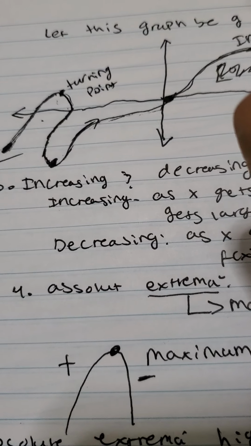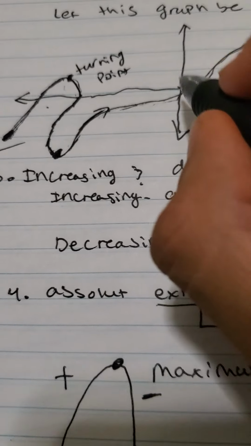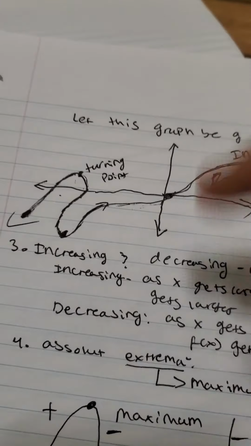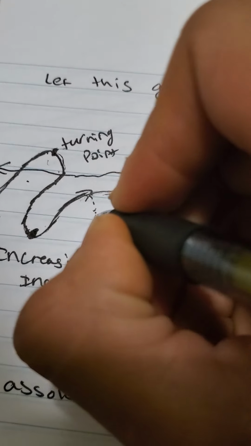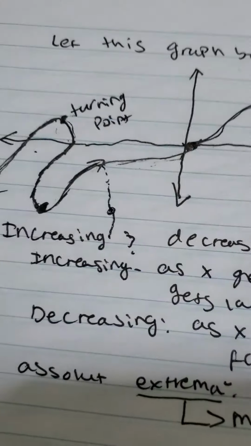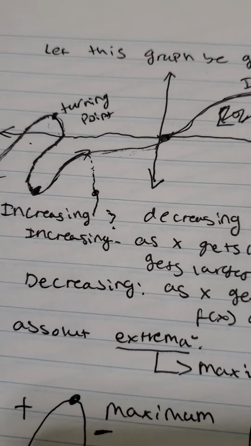And the same thing goes for decreasing. If the function were going down, let me sketch that real quick, and it would stop, and it started going down again, that's a point of inflection as well.